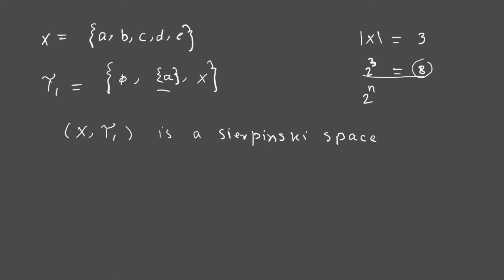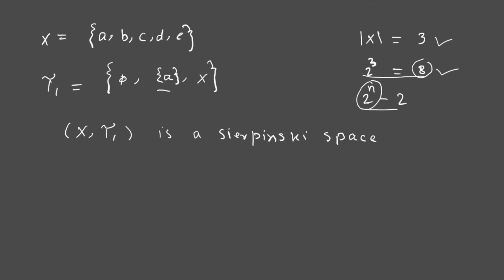But in the case of the Sierpinski space, other than phi and X, 2 raised to the power n minus 2 Sierpinski topologies can be constructed. If a set has 3 elements, the number of subsets that can be created for the set X is 8, which means 2 raised to the power n subsets.